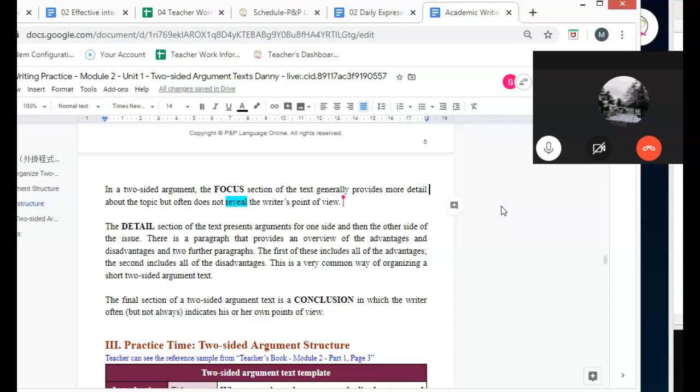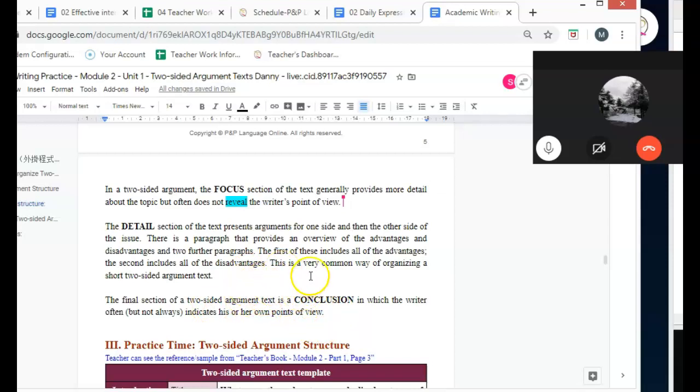Here is a paragraph that provides an overview of the advantages and disadvantages, and two further paragraphs. The first of these includes all of the advantages. The second includes all of the disadvantages.